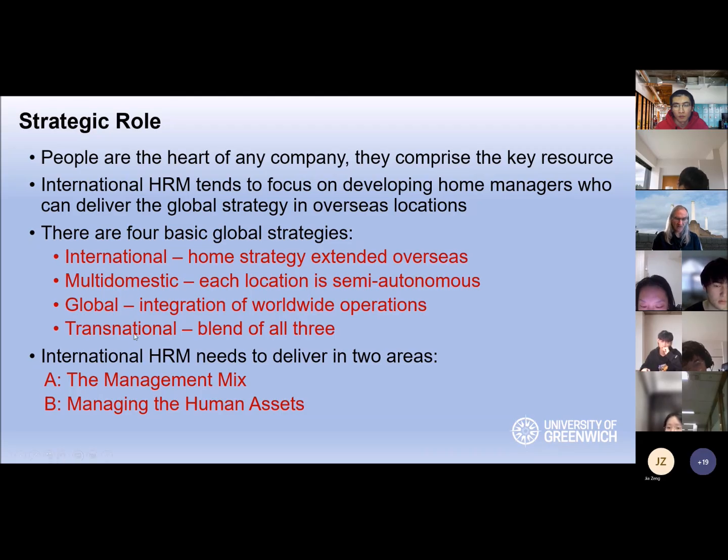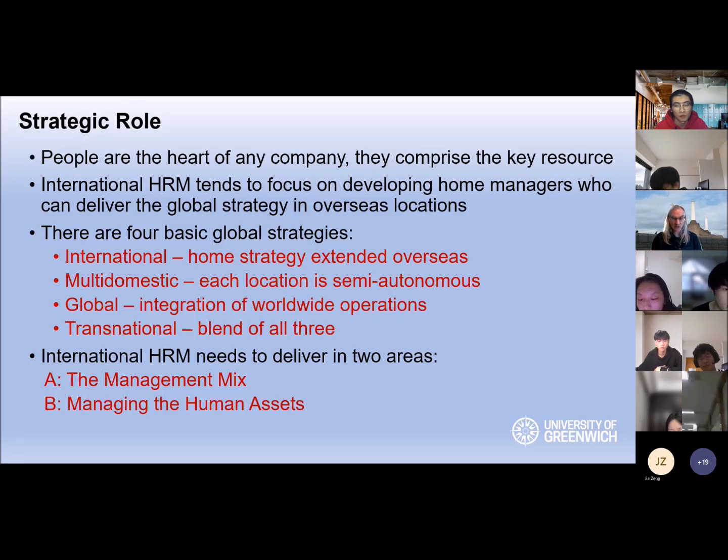Multi-domestic is the opposite of this. This is a multinational corporation which has units around the world, but those units are all independent of each other. So if you have a unit in India, it will do the design, manufacturing, marketing, service provision, all done in India.